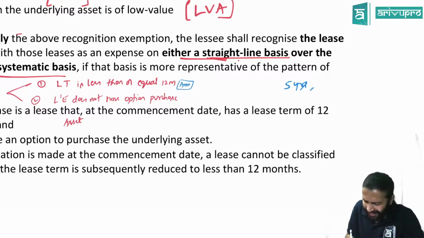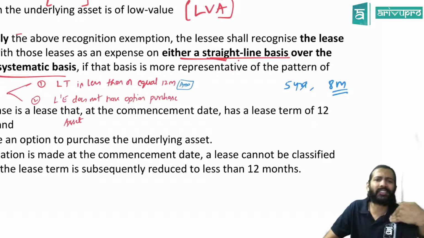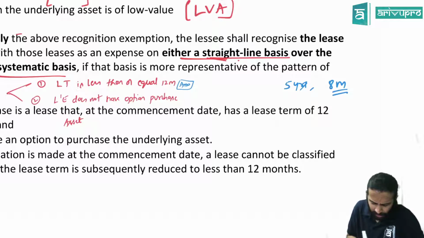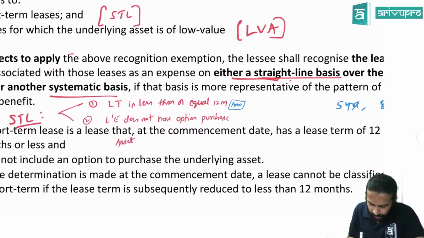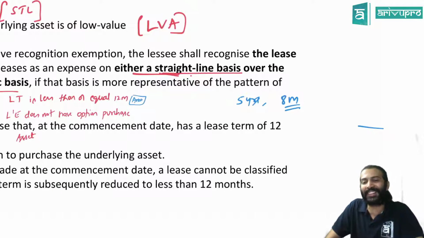At the second year beginning, they decided to cancel the lease within 8 months. Some issues happened. Lessor and lessee want to cancel, so they want to continue this lease only for 8 more months. So it is less than or equal to 12 months, sir. Now let's classify this lease as a short-term lease and account with the simplistic accounting.